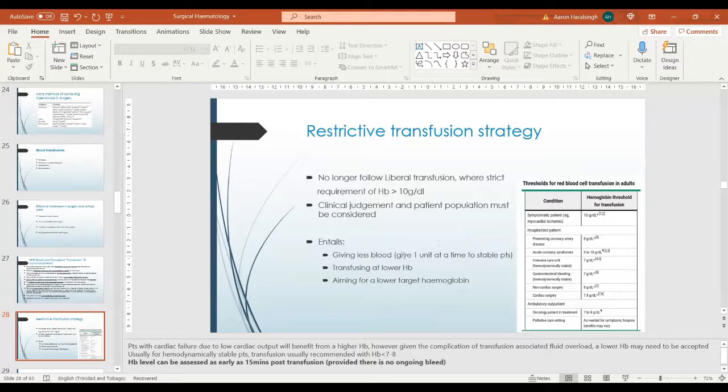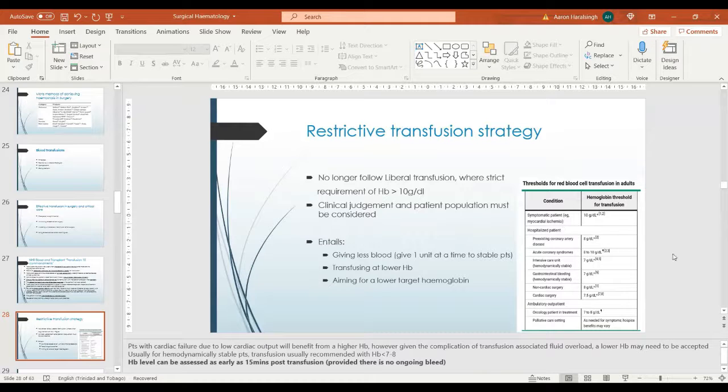For patients who are stable, giving 1 unit of blood at a time, transfusing at a lower hemoglobin, and aiming for a lower target hemoglobin than is usual are the main principles which encompass a restrictive transfusion strategy. So, for example, there are a few thresholds. These are fairly arbitrary, but that can be followed.